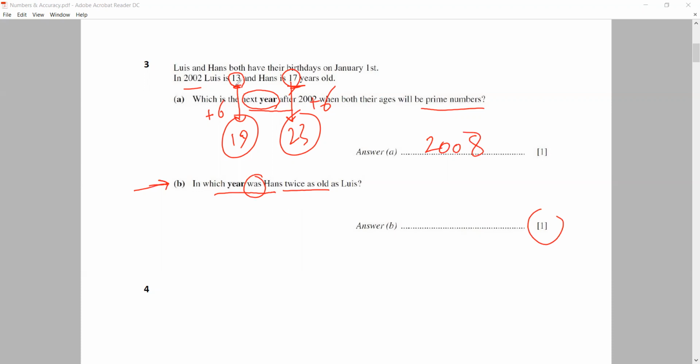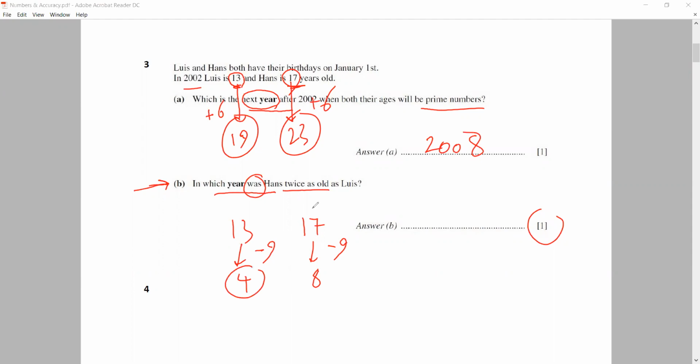So in which year was Hans twice as old as Louis? So we have to go backwards, right? So this is 13 and 17. If we go backwards, I believe if I deduct 9, this gives me basically 8, and 17 minus 9 gives me 4. Wait, 13 minus 9 is 4 and 17 minus 9 is 8. So 8 is basically double of 4.